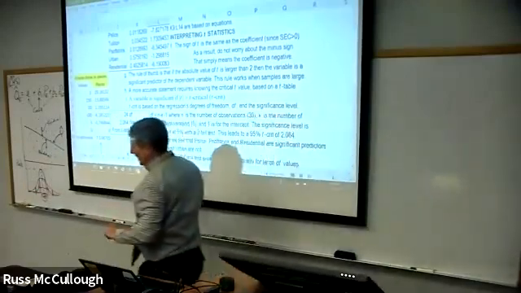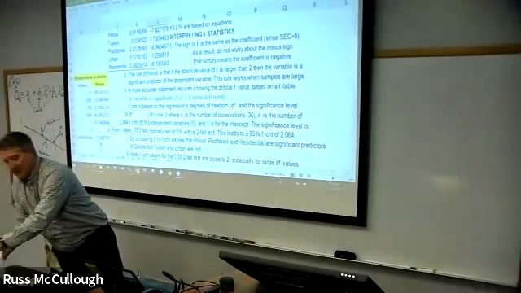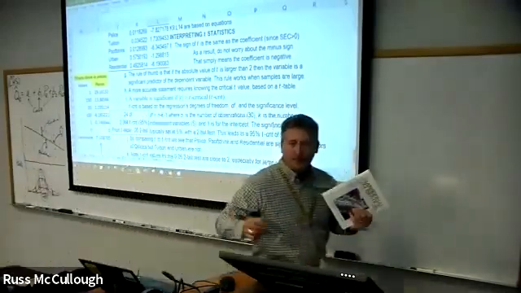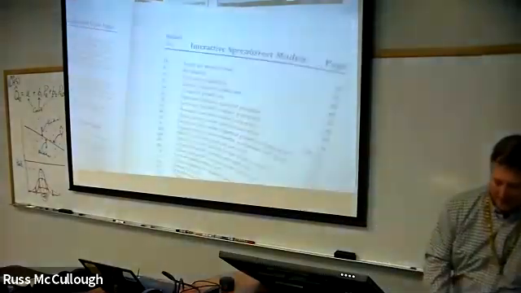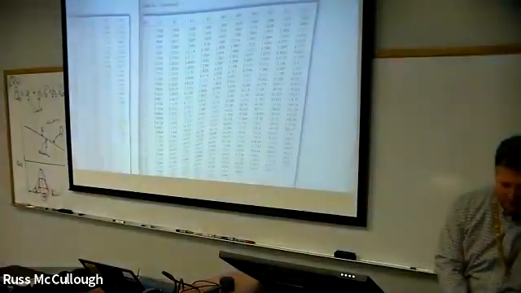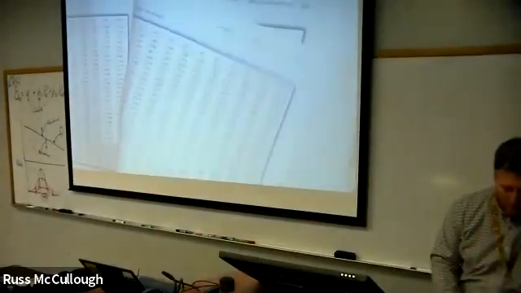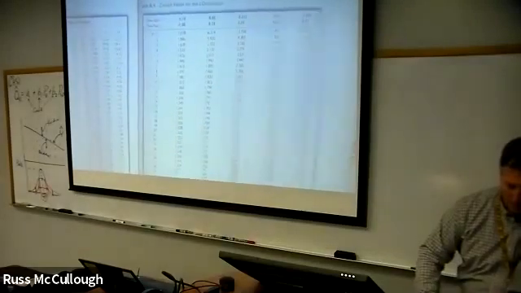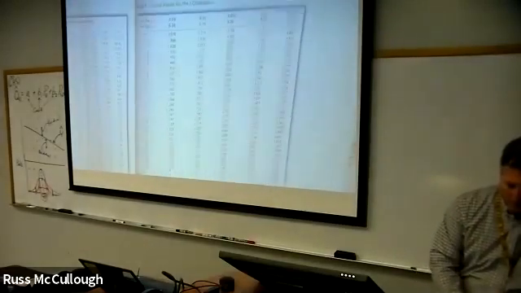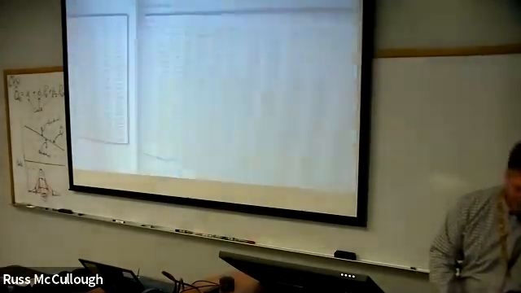All right, so here is where some of this is coming from. So in your textbook, at the very back, page 575, I don't know if any of you have your book.